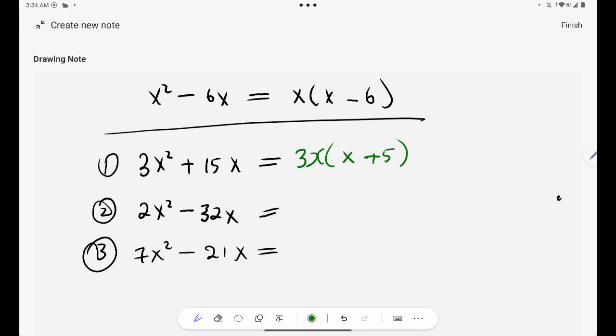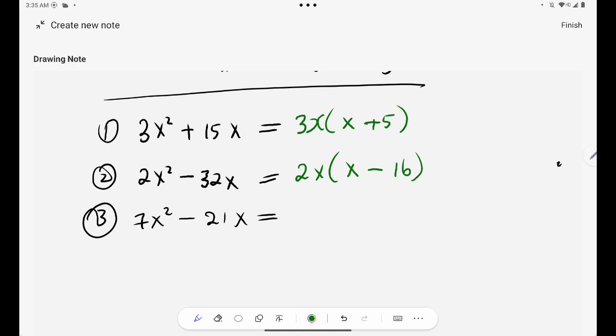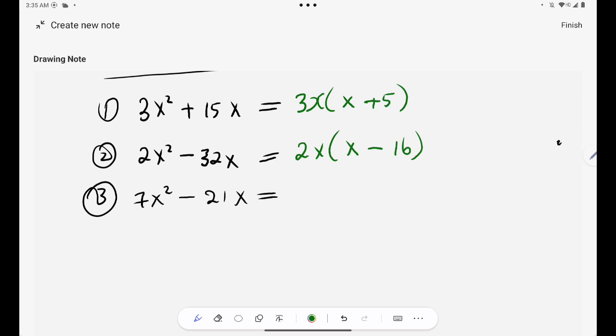Are we together? In the second, 2x is my common factor. When I take it out, I'll be left with x minus 16. On the last one, 7x is my common factor, and I'll be left with x minus 3.